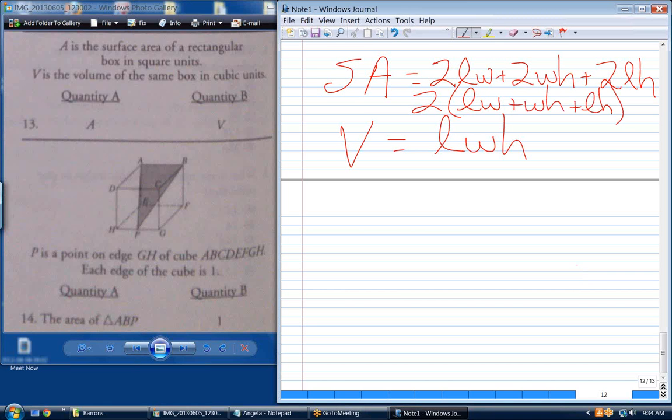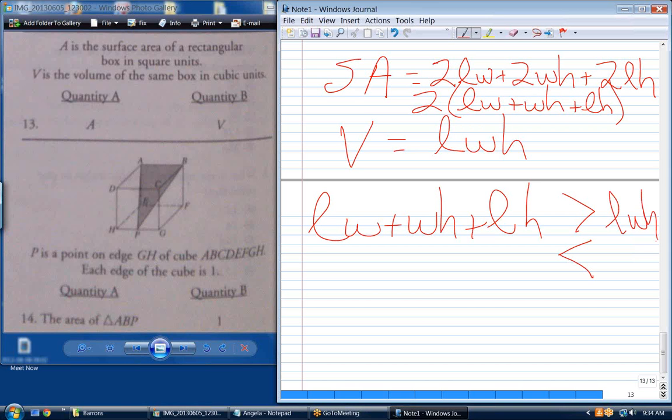So the question becomes, what's bigger, LW plus WH plus LH, or L times W times H? And it depends on the numbers. You can't tell from looking at that equation which is bigger. There's no way mathematically to know. In other words, I can't say LW plus WH plus LH is greater than or less than LWH. Okay. Don't know.